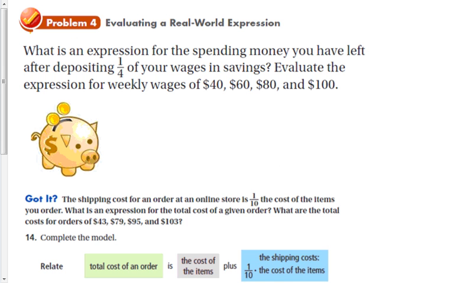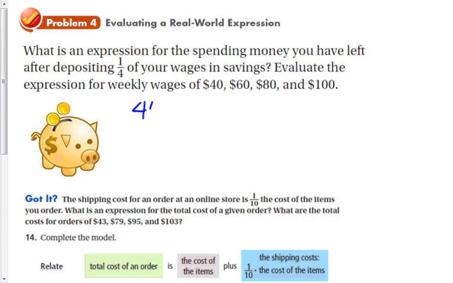Okay, problem 4, evaluating a real-world expression. What is an expression for spending money you have left after depositing 1/4 of your wages into savings? Evaluate the expression for weekly wages of 40, 60, 80, and 100. I'm going to actually figure the first one out, so that'll give me an idea what this expression looks like.